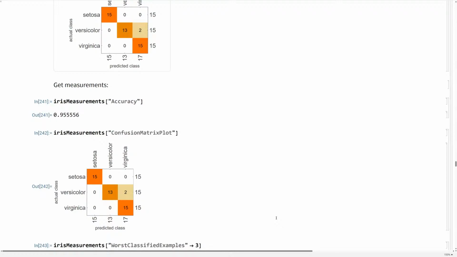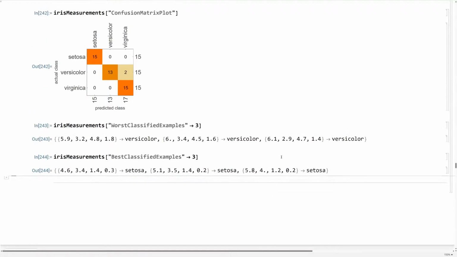So yeah, from here, these numbers and this matrix are actually helping you to understand what's going on in my model, if it's working. Well, I mean, for the model, we couldn't actually understand how it works, but we can understand if it works. If it works, that's all we want. So here, when the worst classified examples are versicolor, we will need to think about what we can do to improve that.